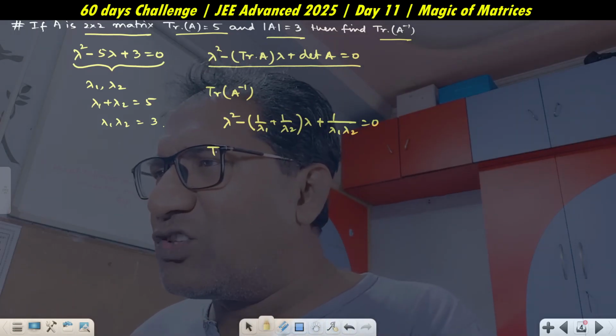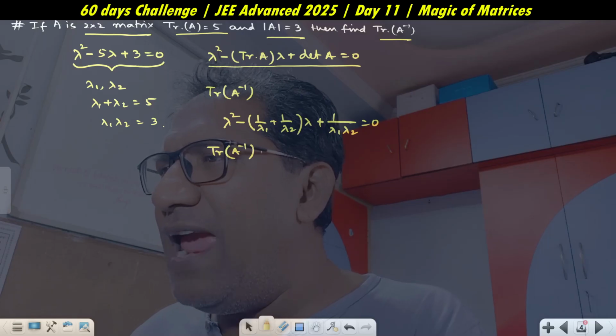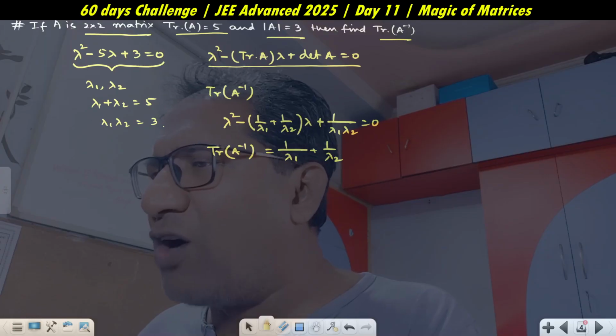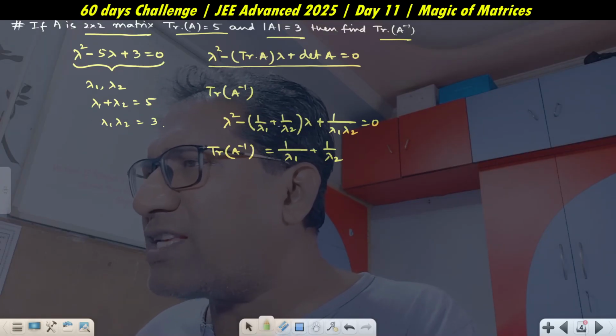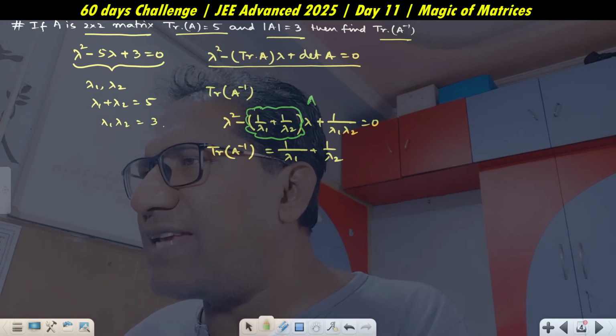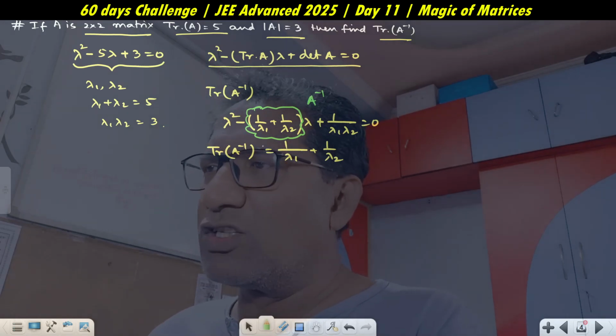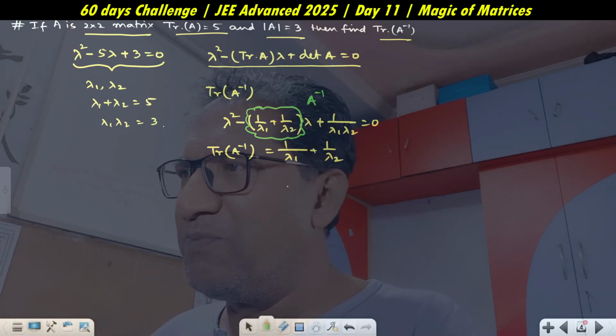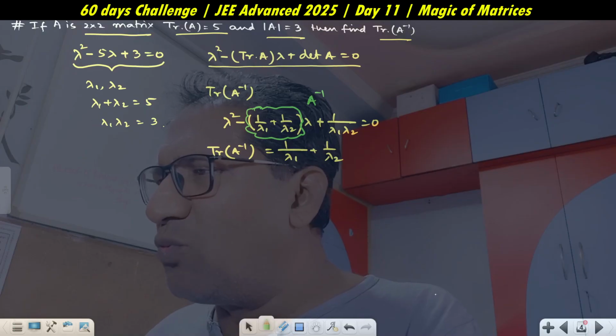So what will be the trace of A inverse? It is 1 by lambda 1 plus 1 by lambda 2, because this is the trace of the matrix. And in our case, the matrix is A inverse, because 1 by lambda 1 and 1 by lambda 2 are the eigenvalues of A inverse. So we can easily find out the value of this.